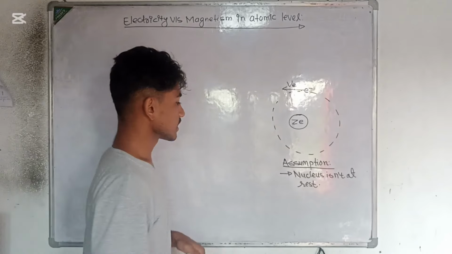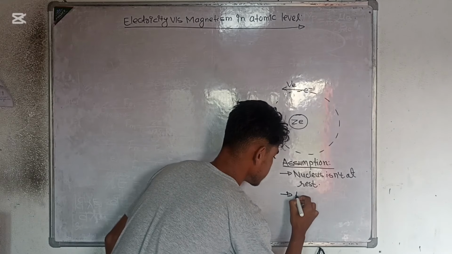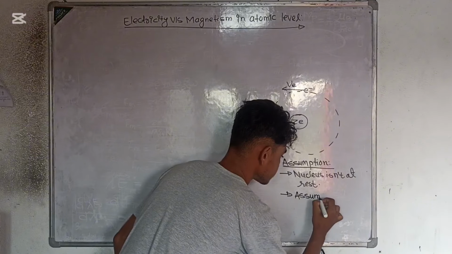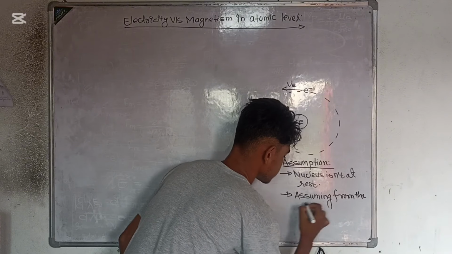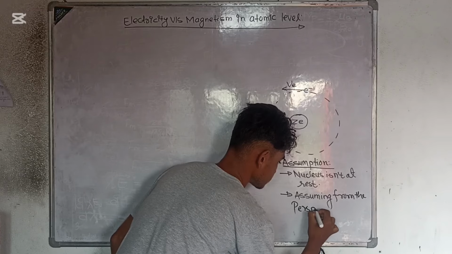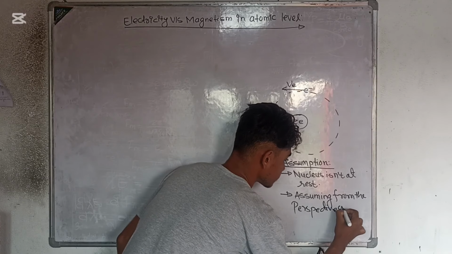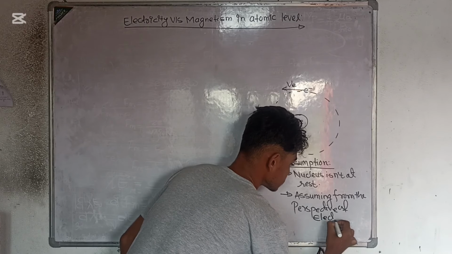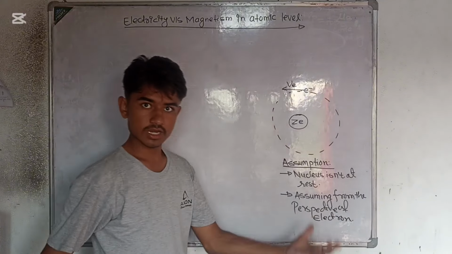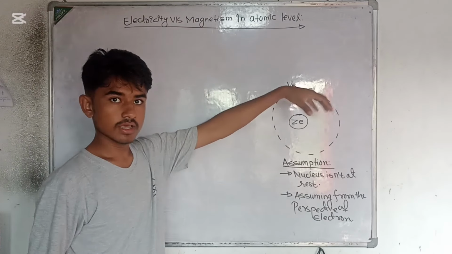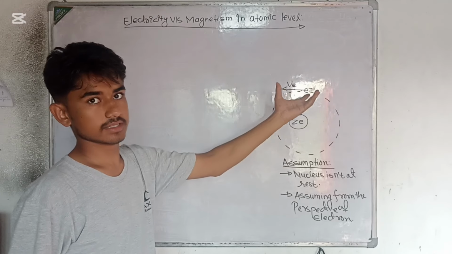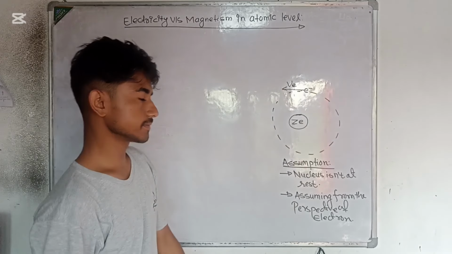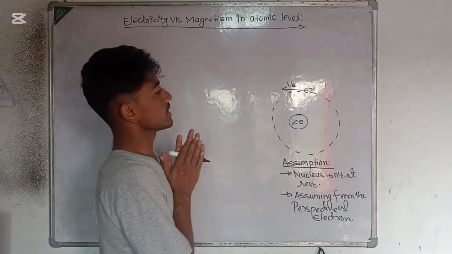Another assumption is that I am doing the whole scenario from the perspective of the electron, and if you do it from the perspective of the nucleus, you will end up getting the same result.